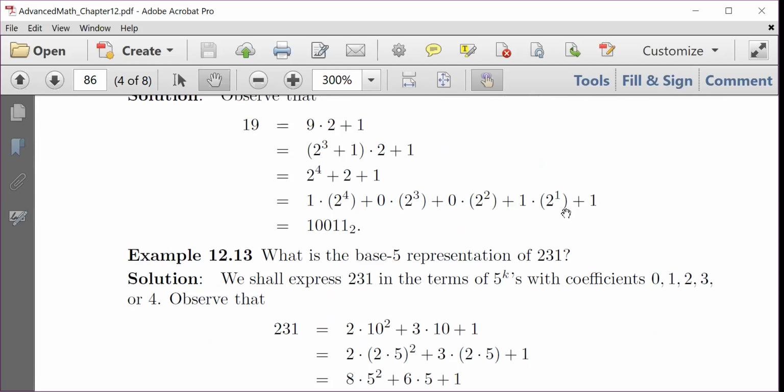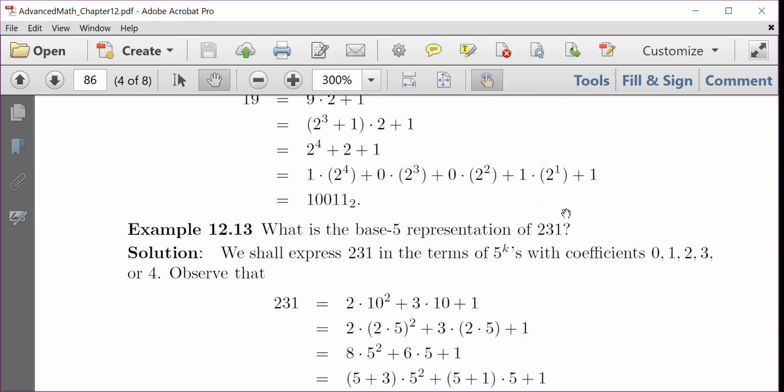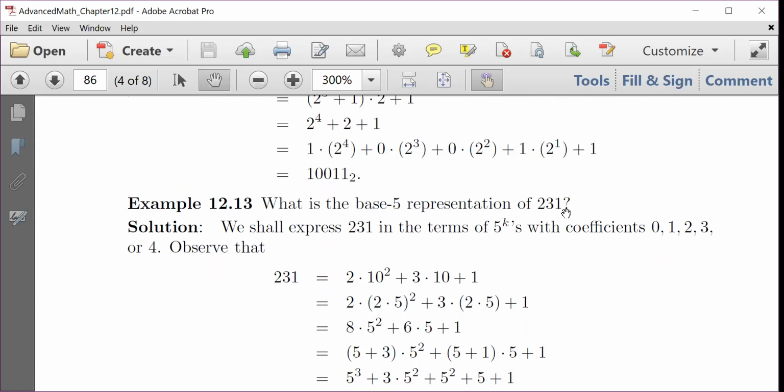But that's not good, because 8 is larger than 5, and 6 is also larger than 5. So I replace 8 by 5 plus 3, and 6 by 5 plus 1. Then I multiply them out, and I get 5 cubed, 3 times 5 squared, and 5 squared plus 5 plus 1.